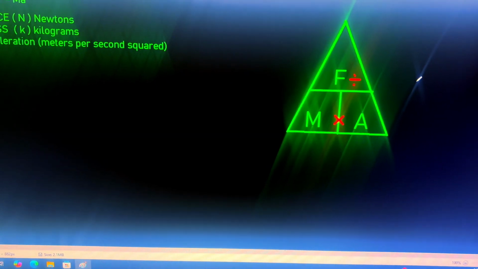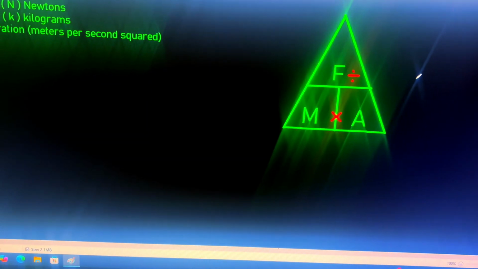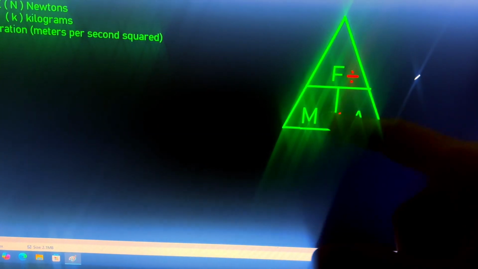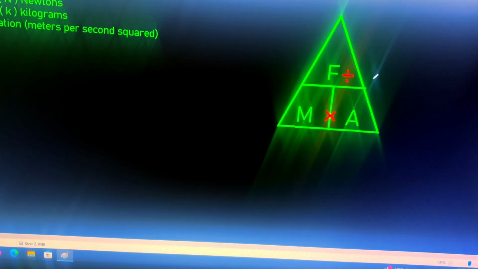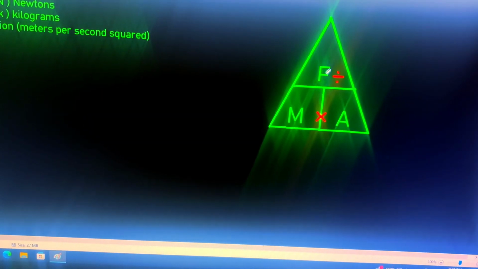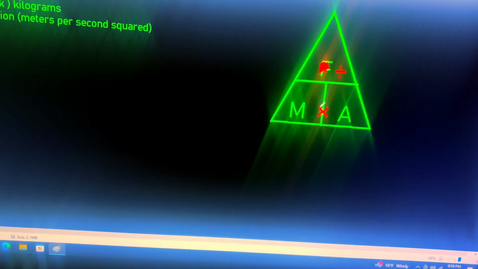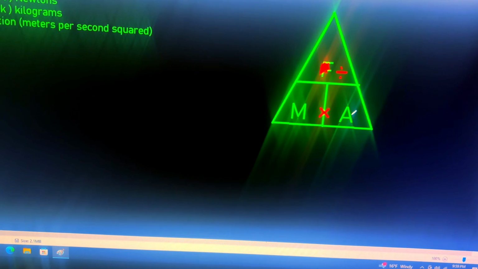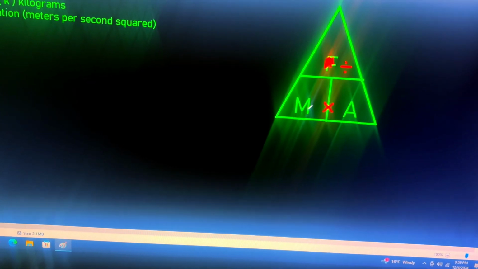But anyways, there's a nice little triangle here that helps you break it down: force, mass, and acceleration. If you're trying to figure out the force, you'd cross this out and do mass times the acceleration, the mass being the weight.